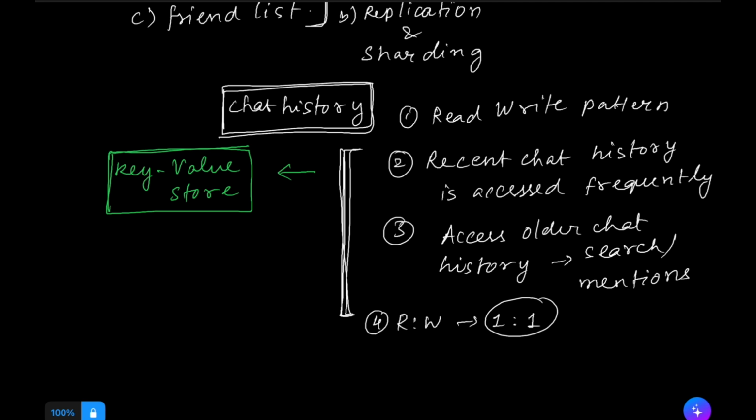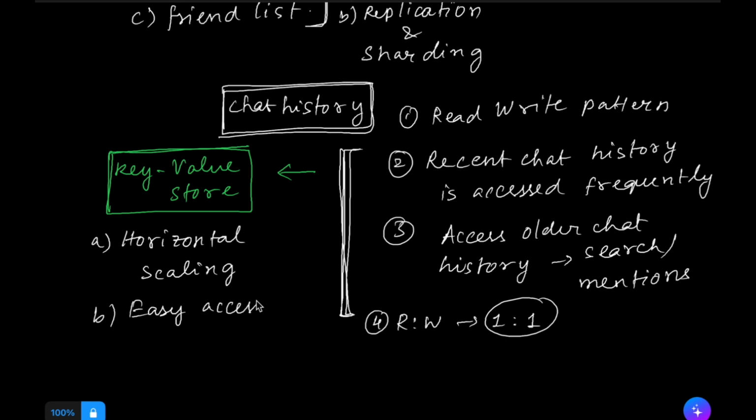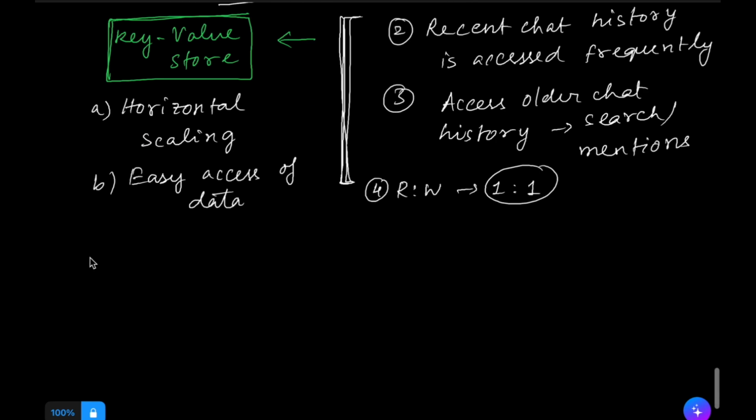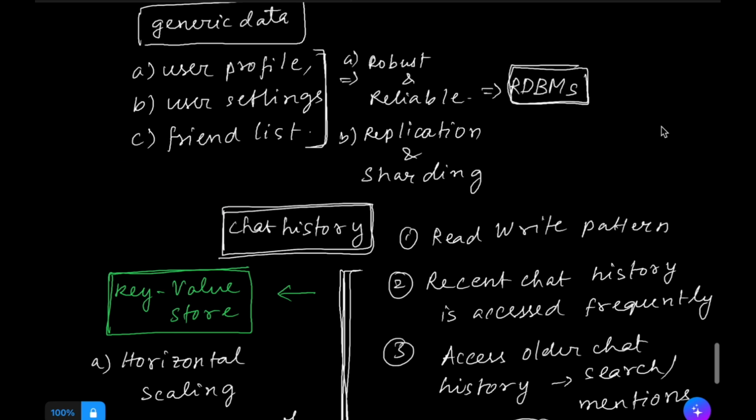Discord uses Cassandra, Facebook Messenger uses HBase, etc. To learn more about key value stores, you can see my playlist on designing a key value store. These are adopted by industry use cases also. So we use both RDBMS relational databases and NoSQL or key value stores to store our different kinds of data.